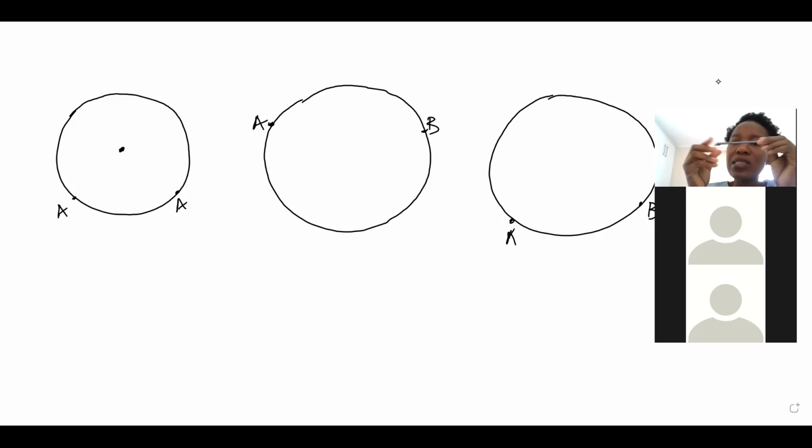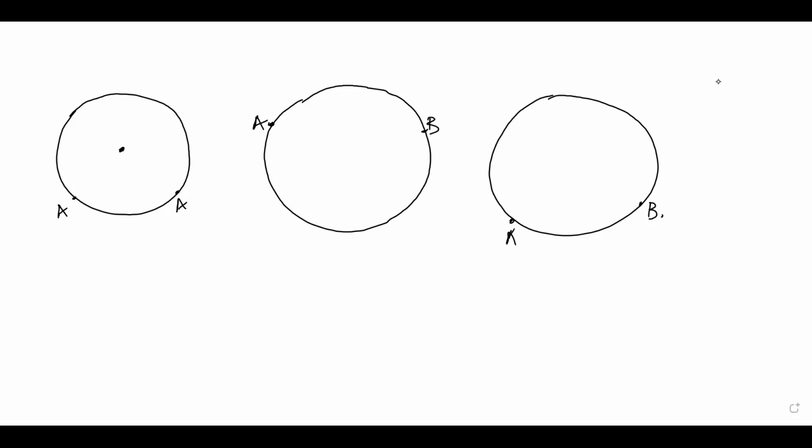So you join a string this side, you join a string this side. This is your arc, or this is your chord. So then they will say the angle is subtended. So subtending is just like you're hanging something from there. So it's coming this way. So you are given an angle subtended by an arc.